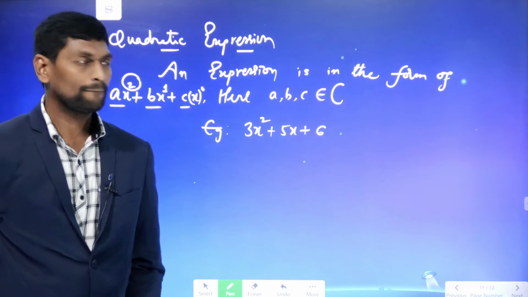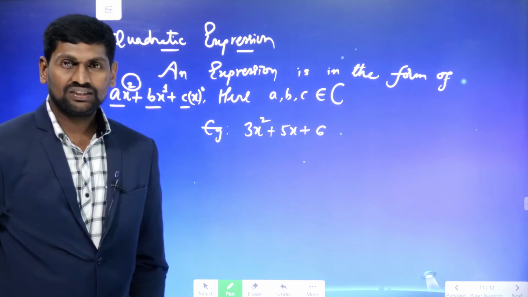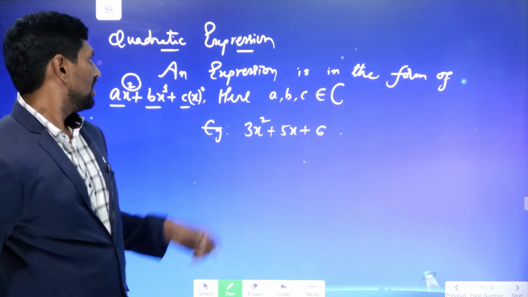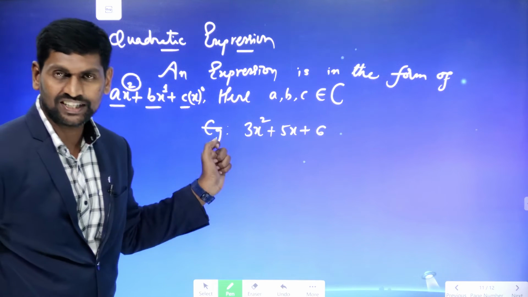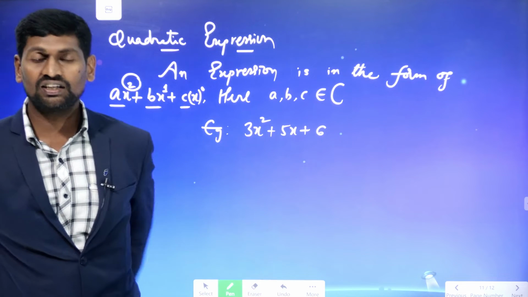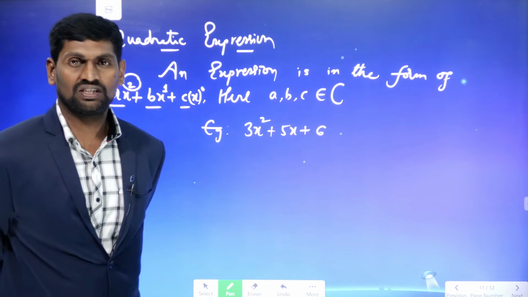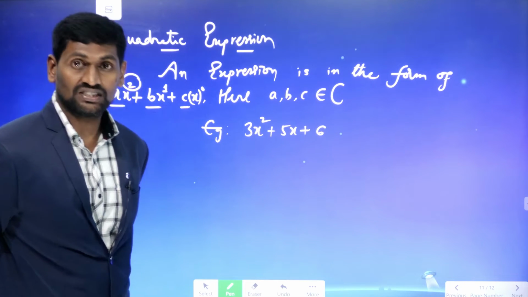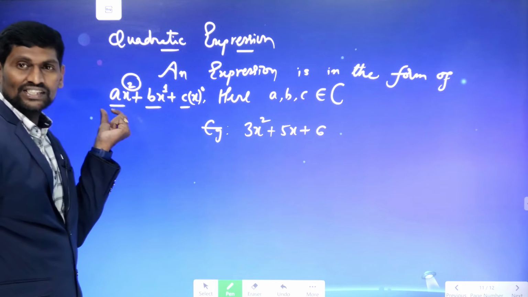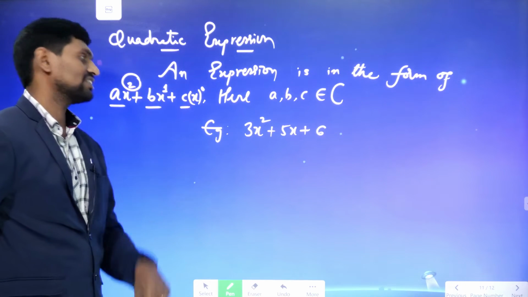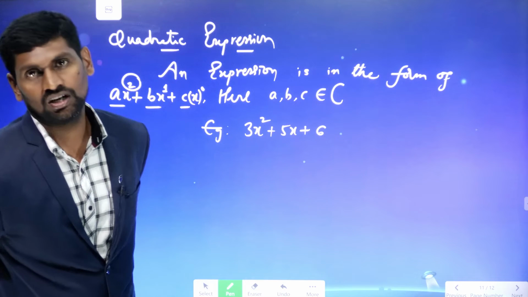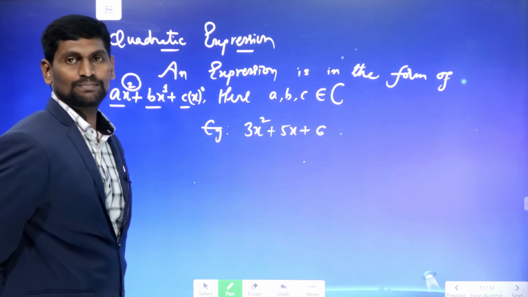Okay? An expression in the form of ax square plus bx plus c is called a quadratic expression, where a, b, c are complex numbers or coefficients. Here a is the x square coefficient, b is the x coefficient, c is the constant term, the coefficient of x power 0.